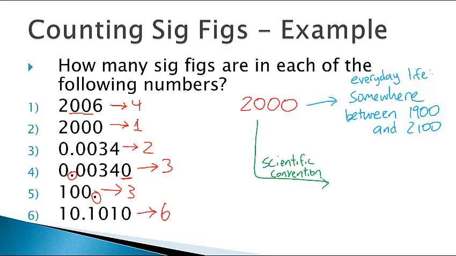This is what I want you to assume in this class: there's an uncertainty of plus or minus 1 in that one digit. So maybe somewhere between 1,500 and 2,500, but there's a big uncertainty if I just write the number 2,000.